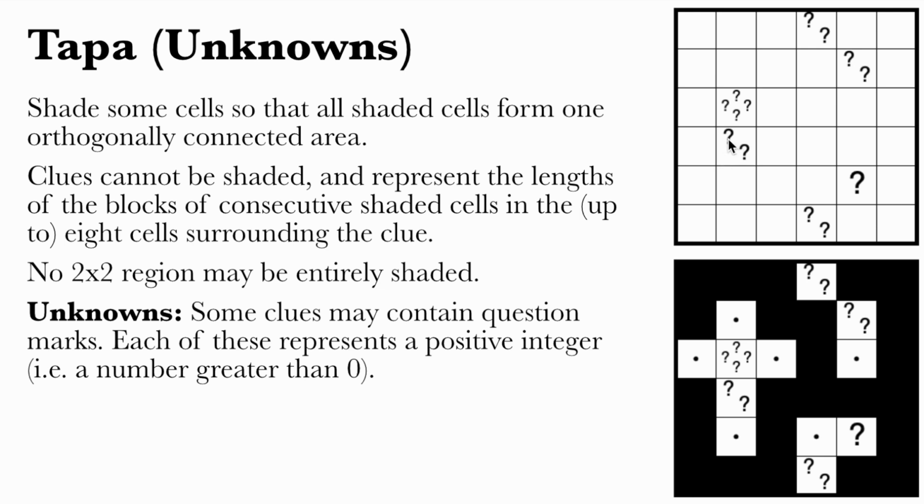So this set of 2 question marks means we are going to have a run of some number of cells, and then a break, and then another run of some number of shaded cells, and so on. And this clue here says there are 4 separate shaded regions in the 8 cells surrounding the clue. Those are the rules of Tapa with unknowns, and now it's time to solve a puzzle.